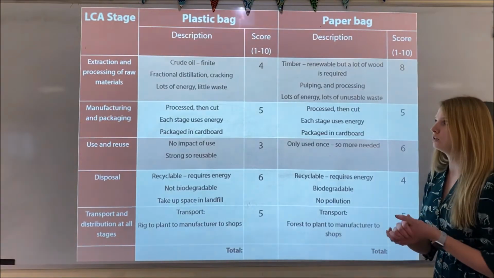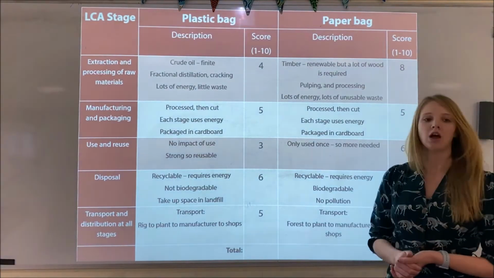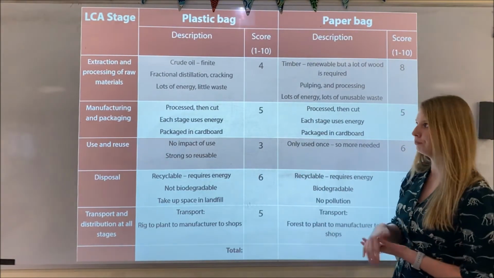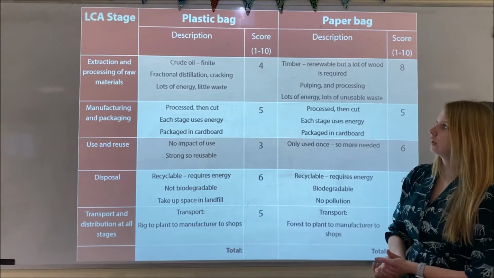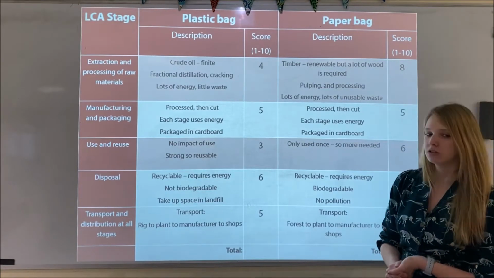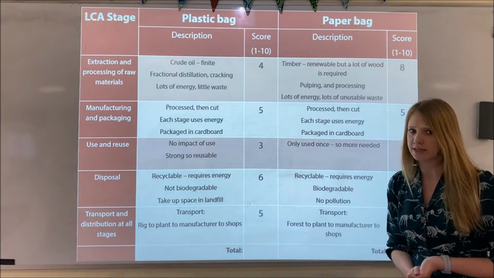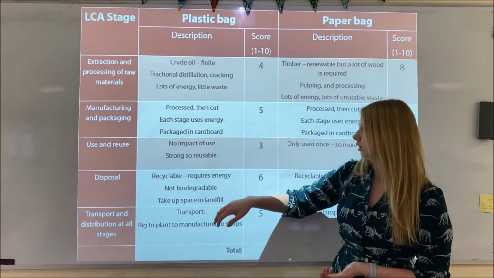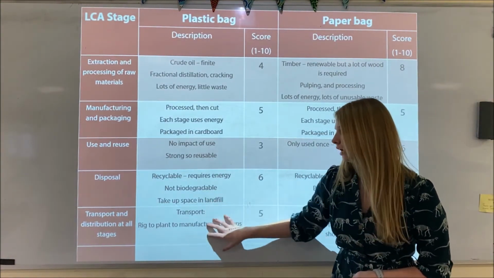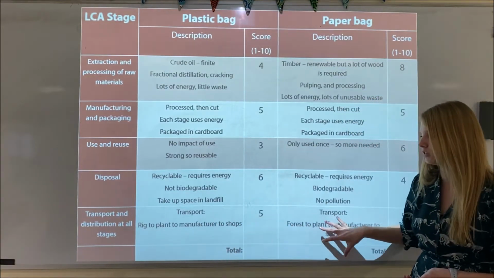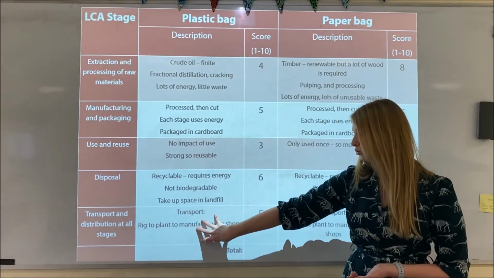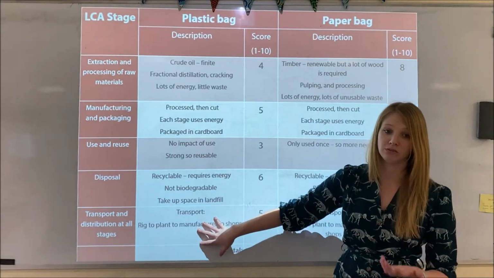So well done for filling in your table. Here is one that I've done earlier. So if we just have a quick look at our descriptions for each, some of them are quite similar. So our transport and distribution, both of them require transport to get your raw material to the manufacturer, and then from the manufacturer to the shops.